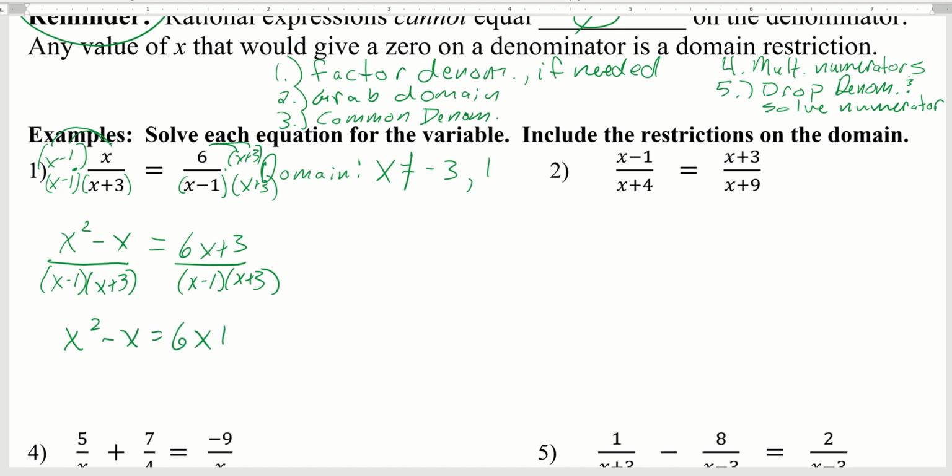So remember, solve just means get it equal to 0. Maybe you have to factor it, that kind of fun stuff. Okay, so I'm going to move everything to the left side. So minus 6x, and then minus 3 and minus a 3 here. So I get x squared minus 7x minus 3 is equal to 0.